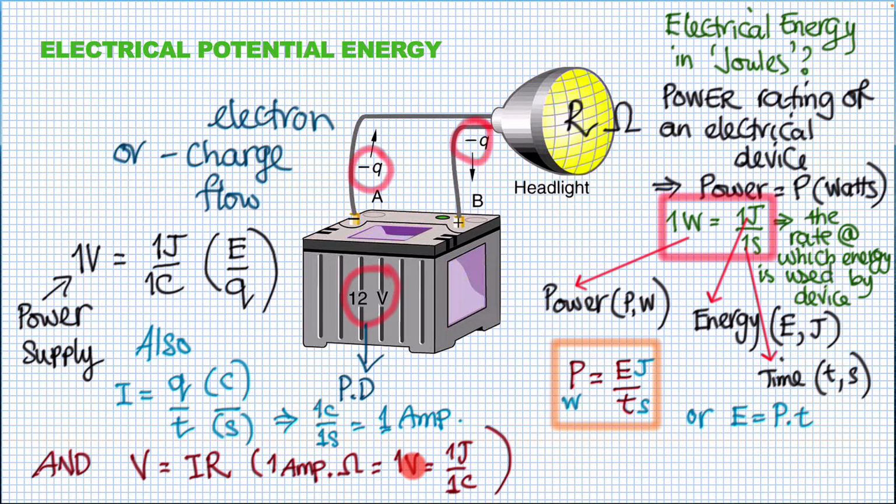And you can see the equivalence here if we say that 1 volt, which is 1 amp times 1 ohm, can also be equivalent to 1 joule per coulomb, according to this equation.